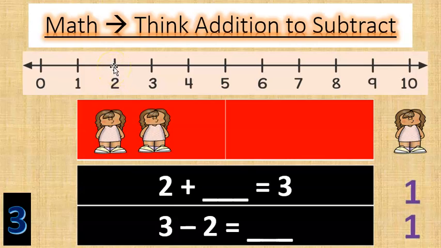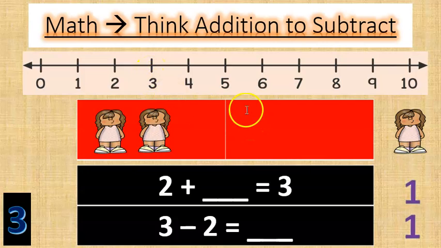Now, say I am going to count by ones. Ready? Here we go. We're going to start at 2. We're going to stop at 3. Count with me. 1. Let's count again. 1.